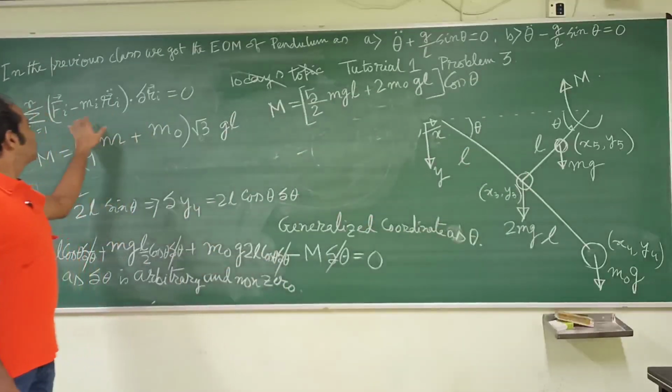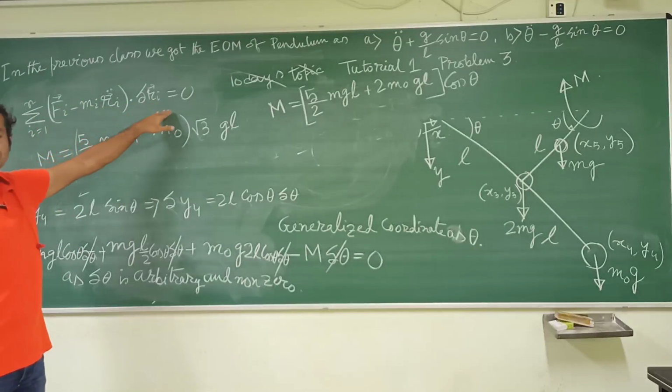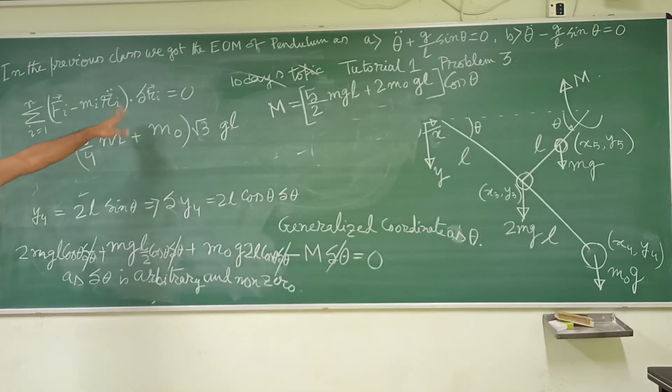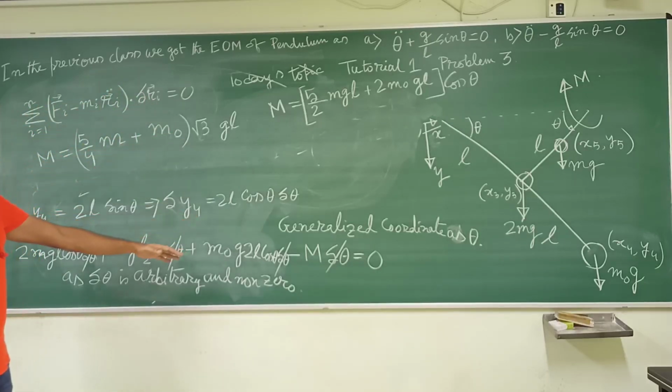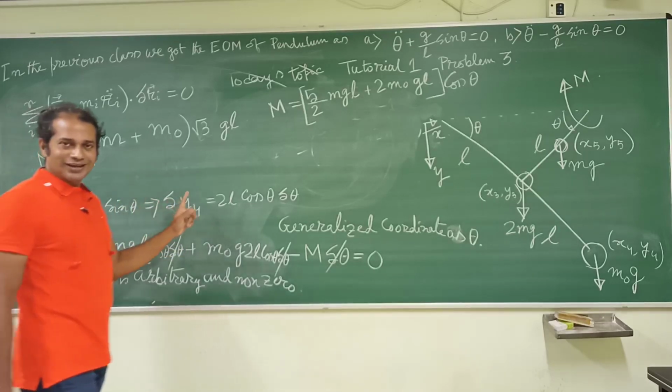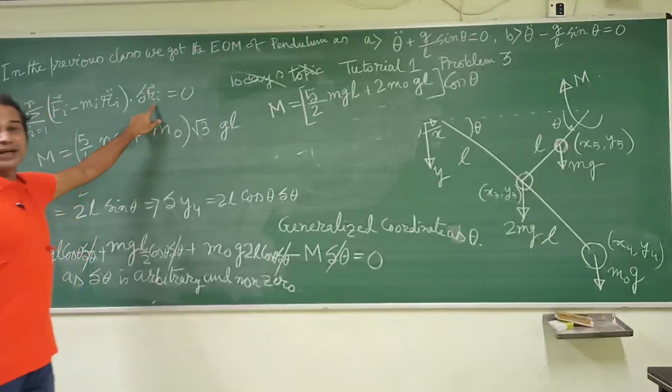After that you put it in D'Alembert's principle or the principle of virtual work. Before that you have to identify the delta Ri part.